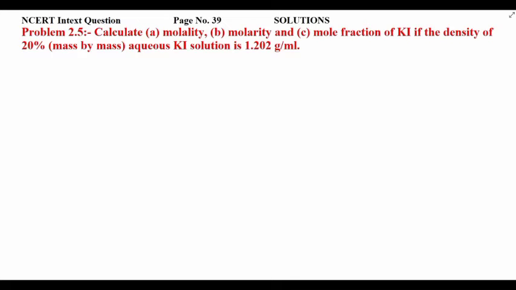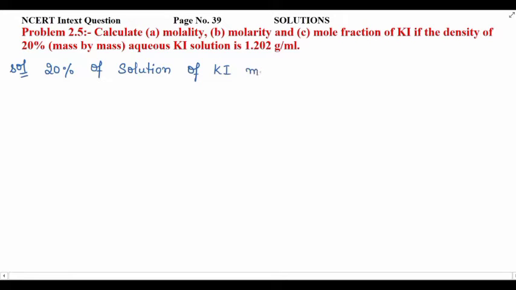Start the solution. If we count the 20%, now the solution is 20% of solution of KI, which means 20 gram of KI is given.